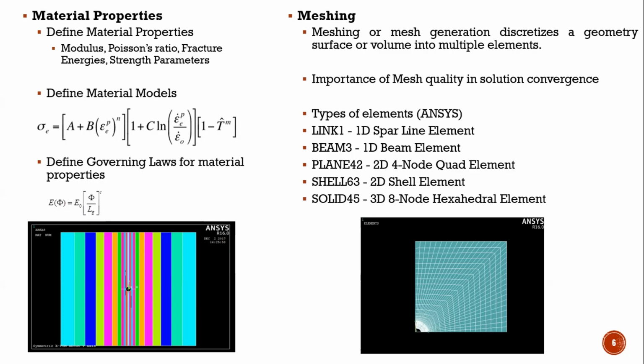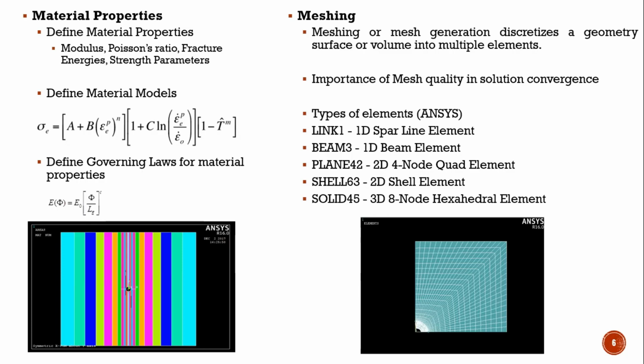Then we go for some governing laws for material properties. Suppose we want to vary the material property in a particular direction, let's say in the length direction. We will have some variation laws, and those laws we need to take care of. Once we define all these material properties and material models, we allocate those properties to particular material components.